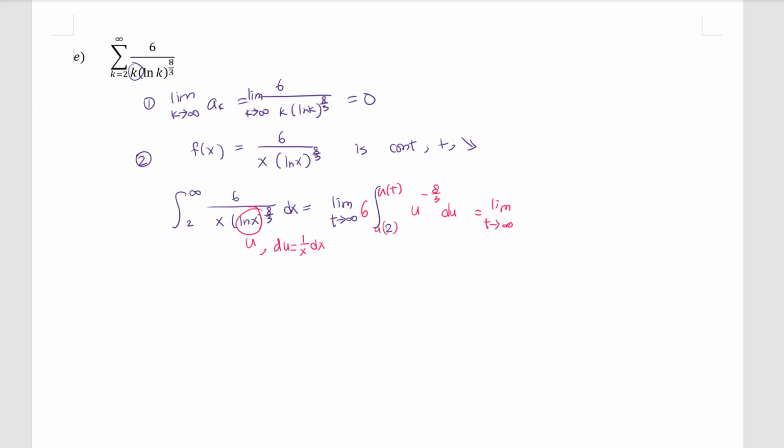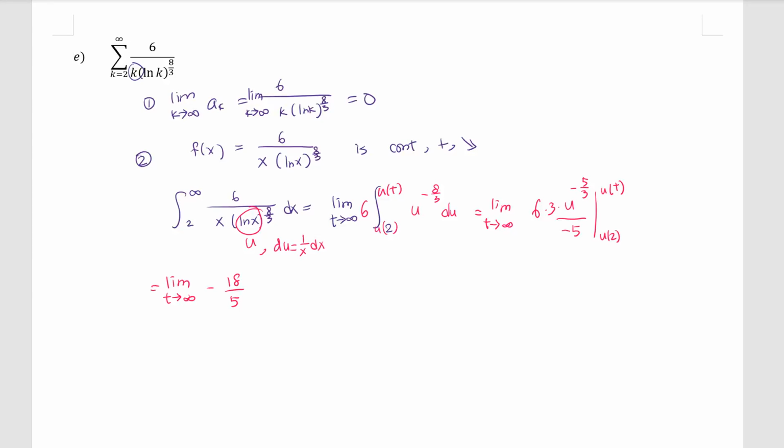Okay, so we integrate. We add 1 to the exponent, and it becomes minus 5/3, and then over minus 5 over 3. All right, and then we evaluate from u of 2 to u of t. So that equals, okay, 3 times 6 is 18.